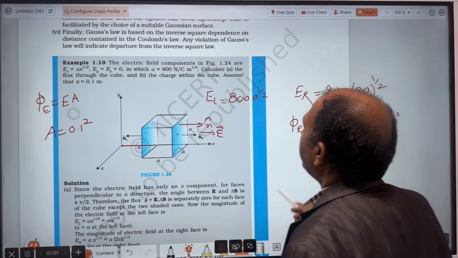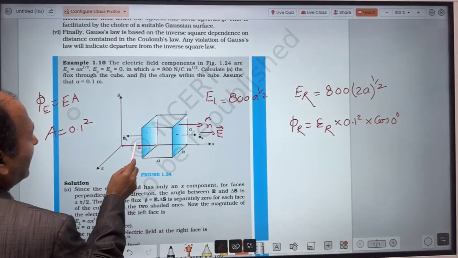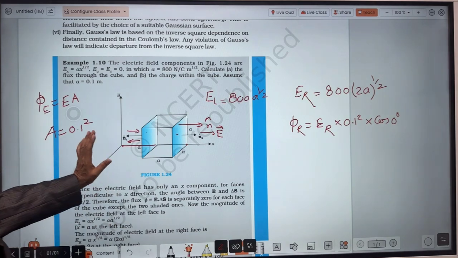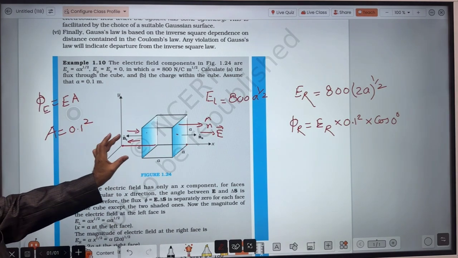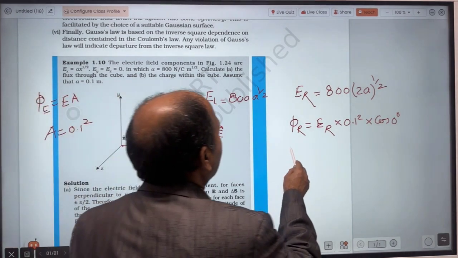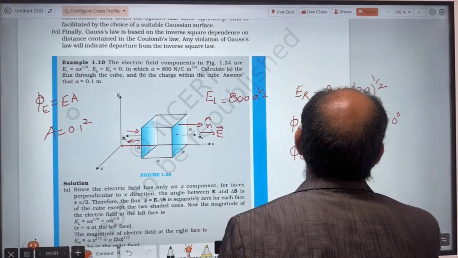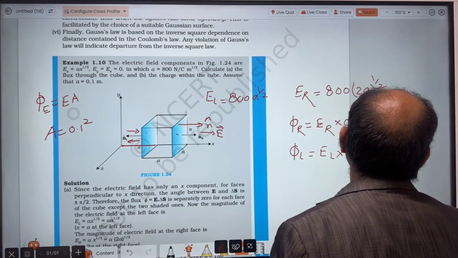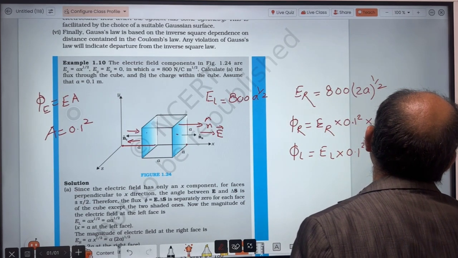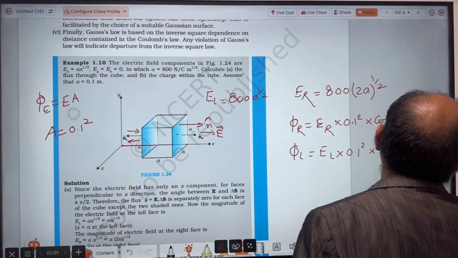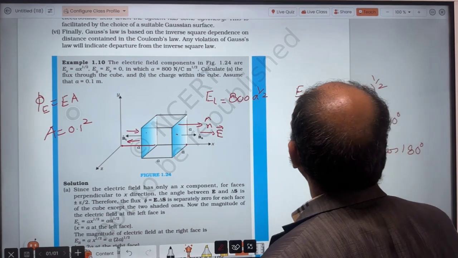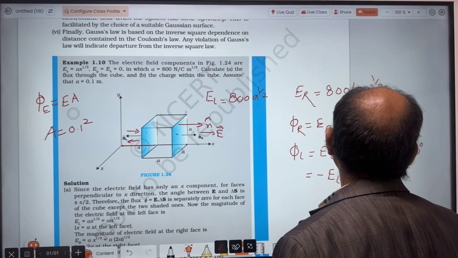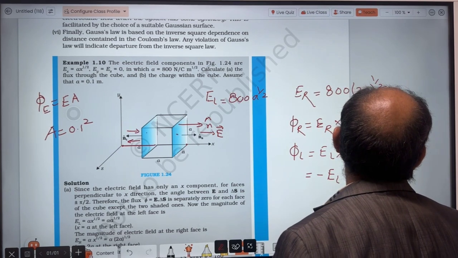There is no problem. But if we consider this face, the area vector is in this direction, whereas the electric field is in this direction. It means theta is 180 degrees. So phi left, if we consider, E left times 0.1 square into cos 180 degrees. And if you remember, cos 180 degrees is minus 1. So this will be negative E left into 0.1 square.